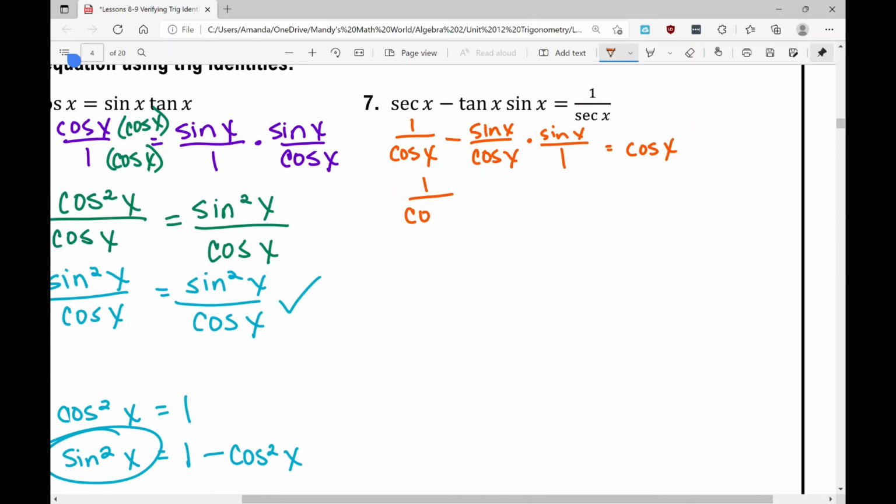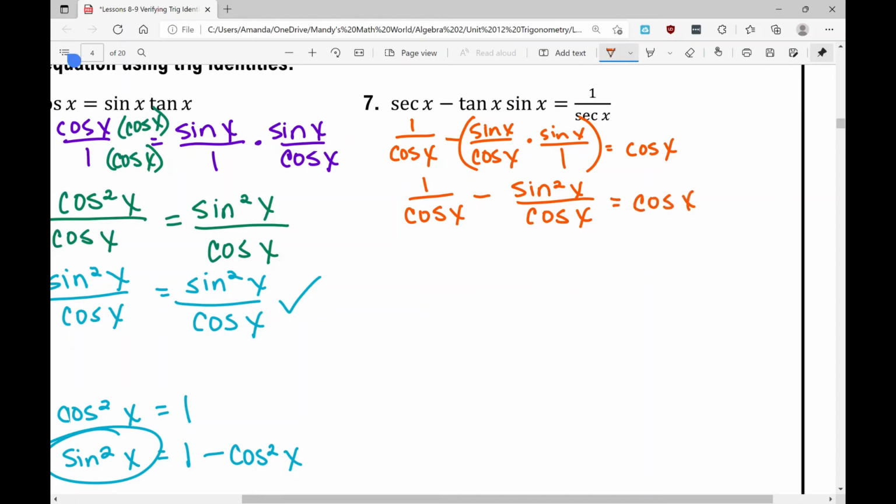Sorry, I need to make sure I'm doing my fractions right here. Now I'm going to multiply first, right? Just order of operations. So I multiply sine x over cosine x times sine x over 1, and I get minus sine squared x over cosine x, because when I multiply fractions, I multiply the top and multiply the bottom, equals cosine x.